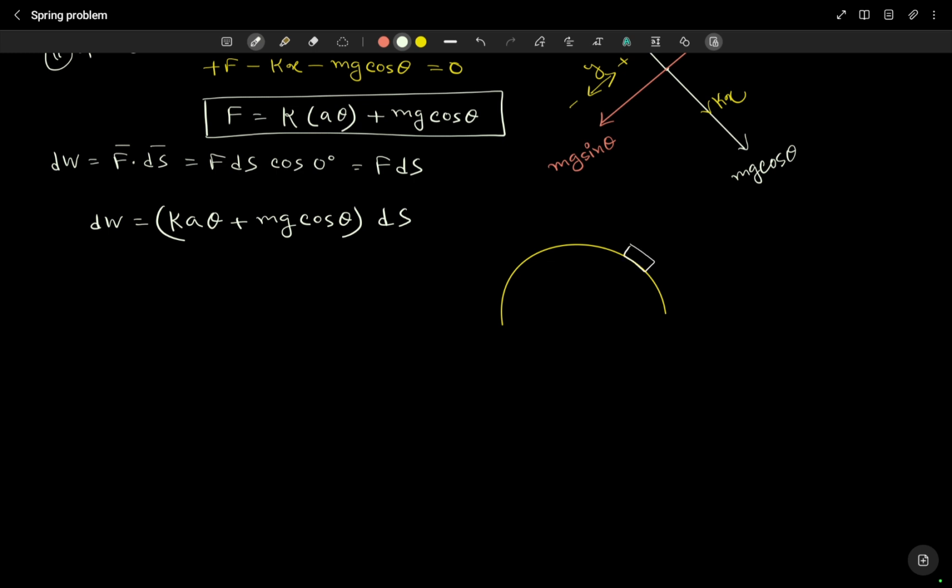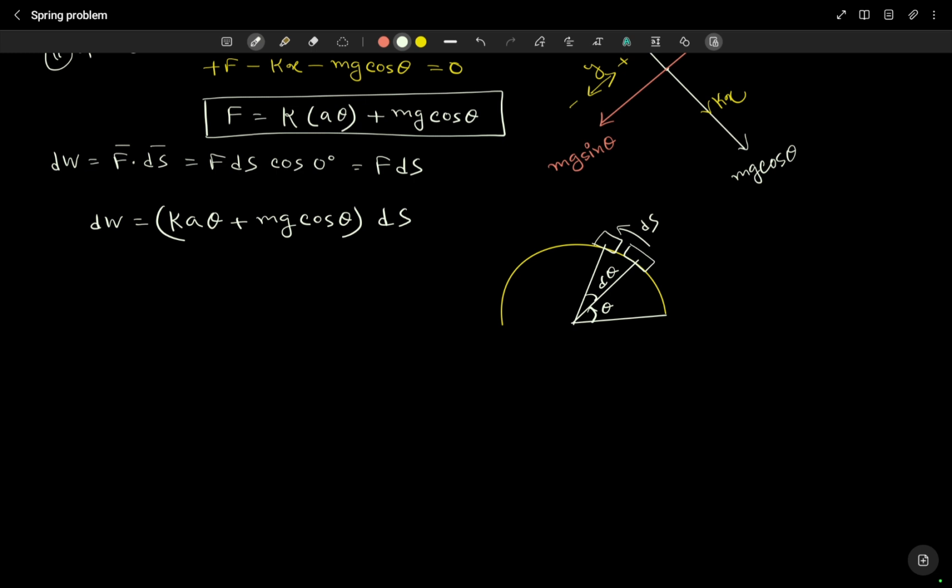If it has gone from here to here and this displacement is ds, and its angular displacement is d theta, and its current position is theta, let us consider that.